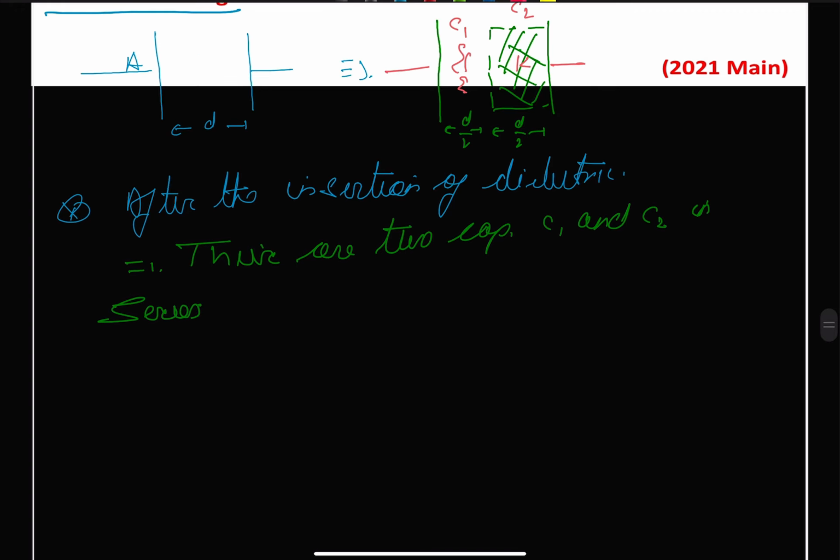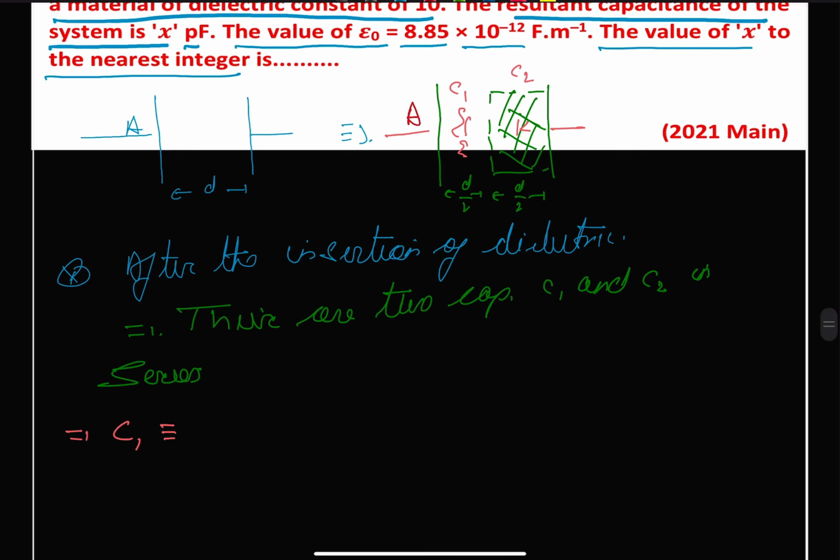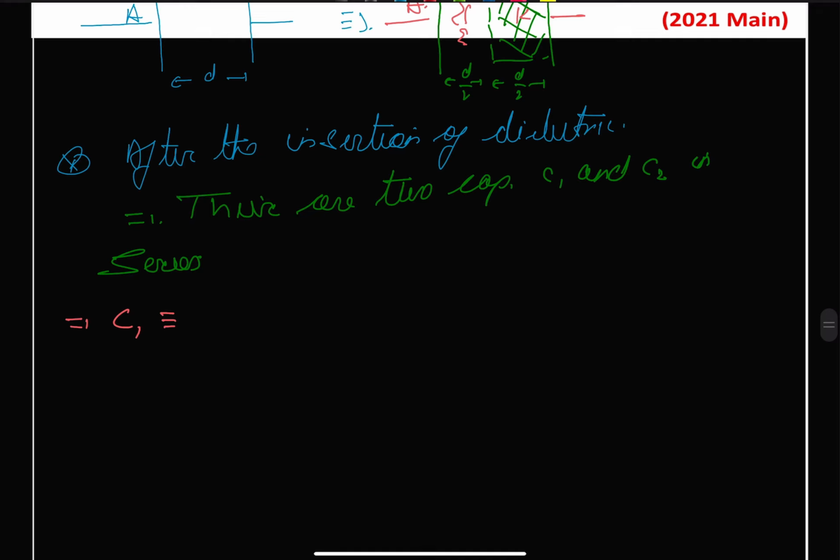The area in both cases is the same, that is A. We have capacitor C1 with a thickness of d/2, which is equal to 5 meter, and air as dielectric, whose dielectric constant is equal to 1.